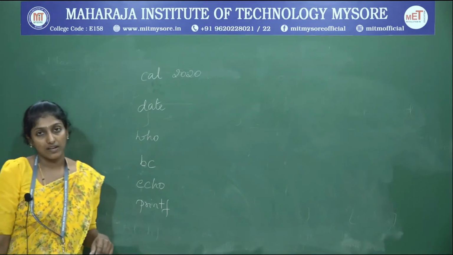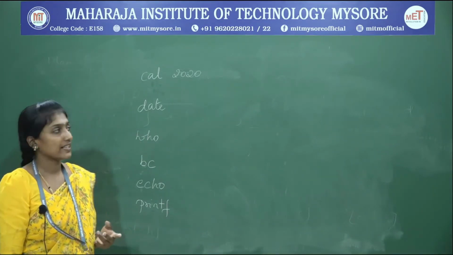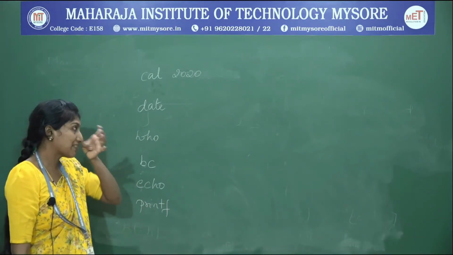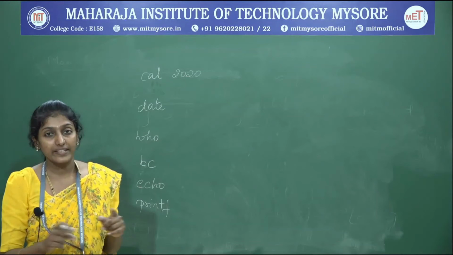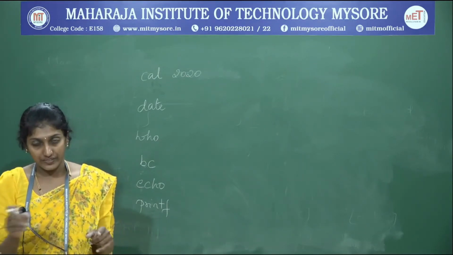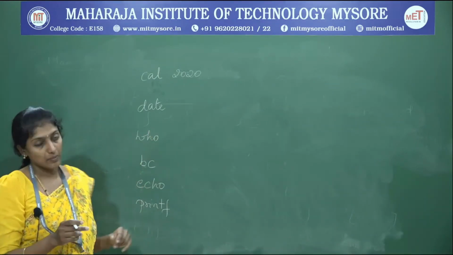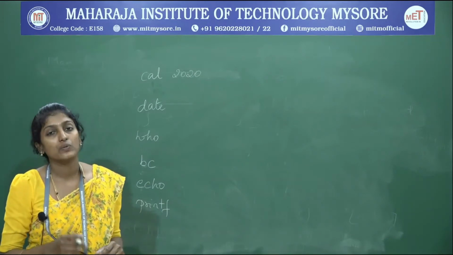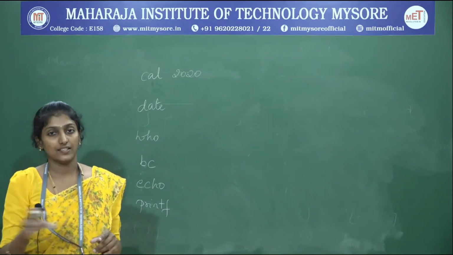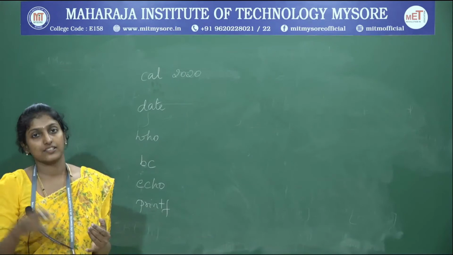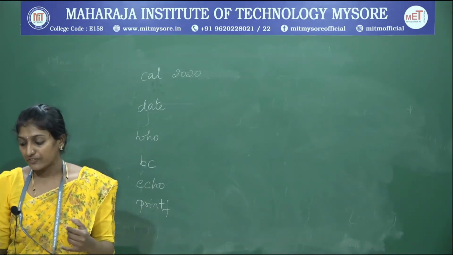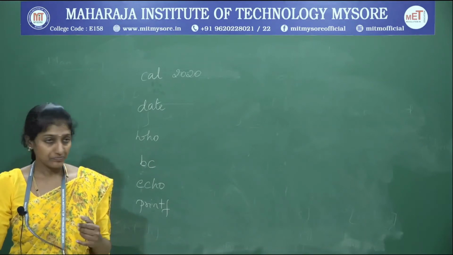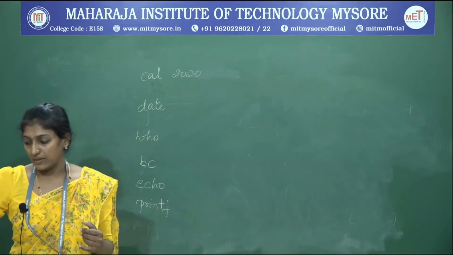Next is the date command. As we all know, the date command displays the complete day information. So if I just give date, this is going to provide me today's time, on which day it is, and at what time I have executed this date command. So this information will be displayed by using this date command.